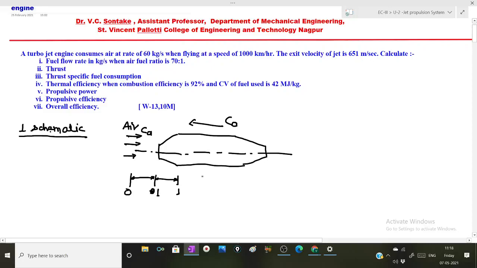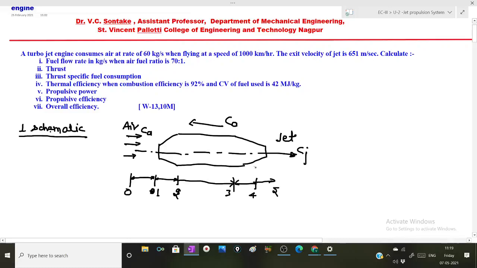Okay. There are different processes. I am not showing on the diagram. Like 0 to 1 is ram compression, 1 to 2 is compression, 2 to 3 is isobaric heat addition in the combustion chamber, 3 to 4 is isentropic expansion in the turbine, and 4 to 5 is expansion in the nozzle. So jet will come out, and let's say this jet is moving with velocity Cj.